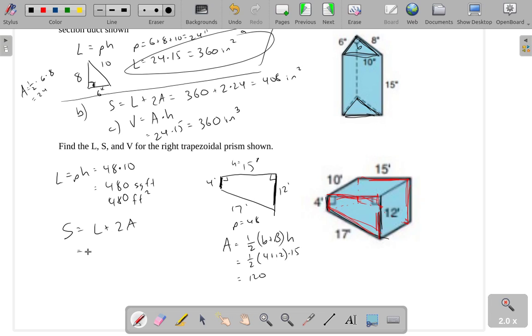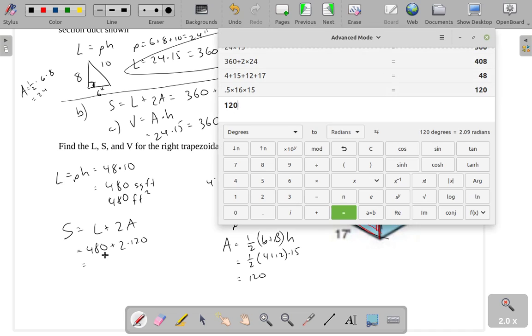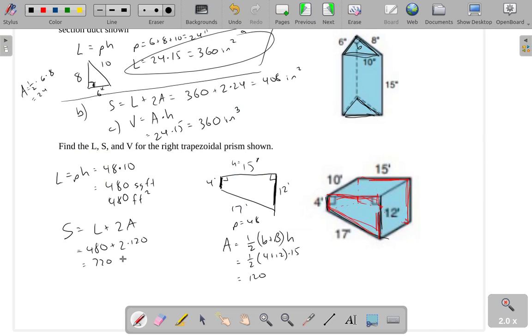The lateral surface area is 480, so that means the total surface area is going to be 480 plus 2 times 120. 480 plus 2 times 120 gives me 720 square feet.